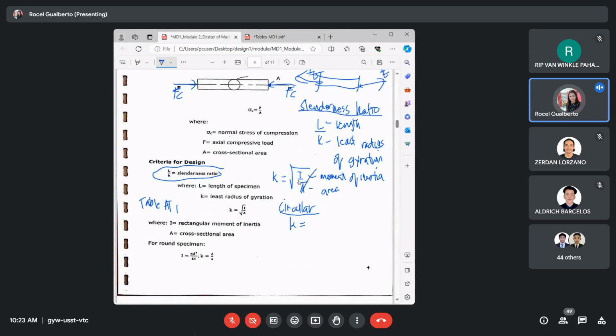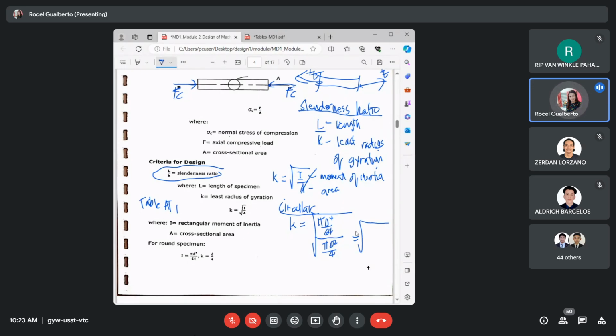So, kapag K po, ano po yung value ng I kapag circular? Pi d to the fourth, divided by 64. And then, divided by area, pi d squared over 4. And then, you take the square root. To further simplify po ito, pwede po ang gawin natin ay we multiply it by the reciprocal nito, instead.